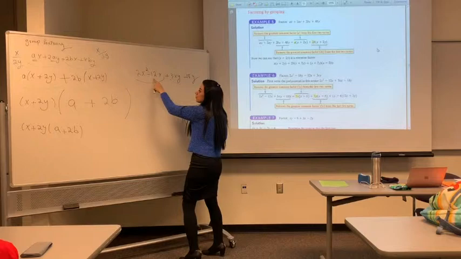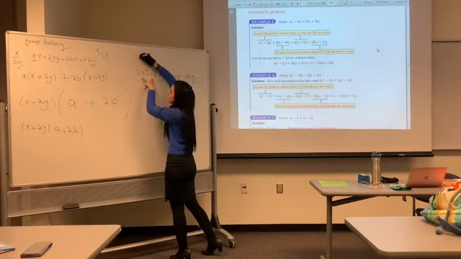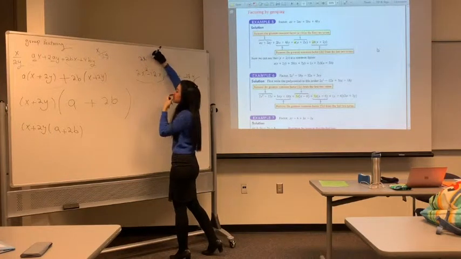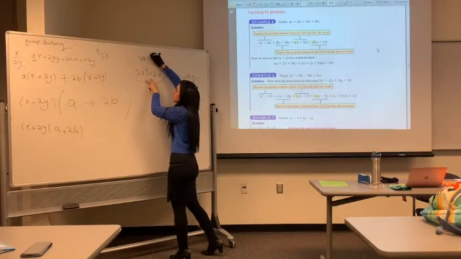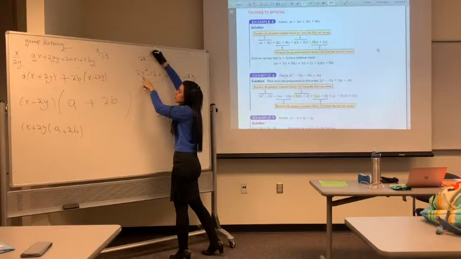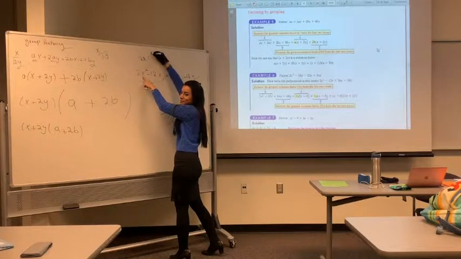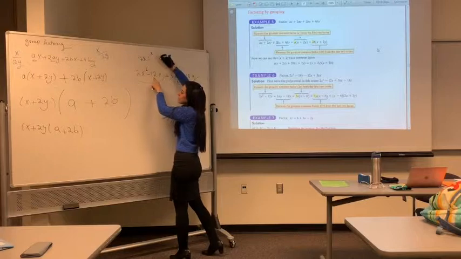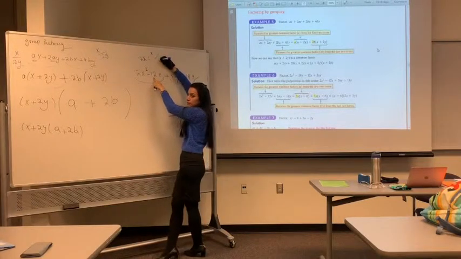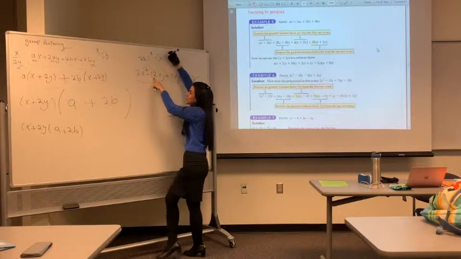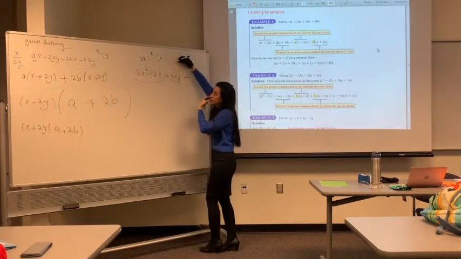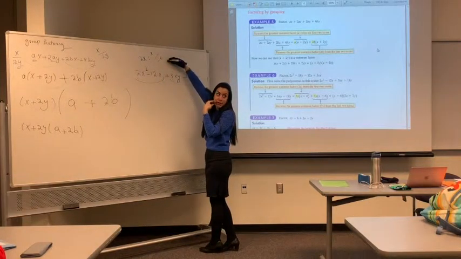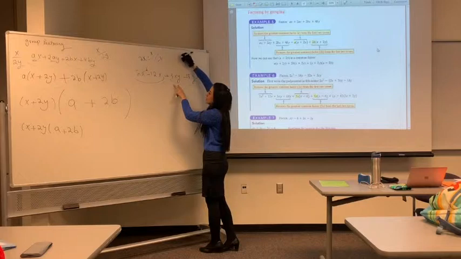So from these two, what is common? 2x is common, correct? So what remains from the first one? X remains, correct? From 2x, x remains. And then from the second one, what remains? Negative 6 remains, right? Okay, so this is a ratio of coefficients, right? For the first group. Second group, what is common between these two?